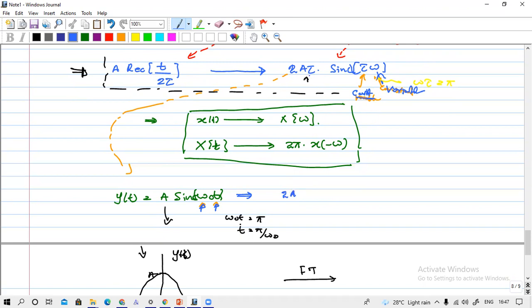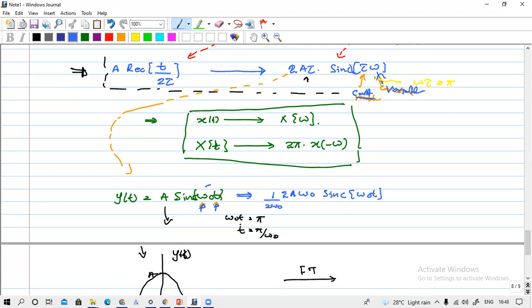A means the amplitude, τ is this coefficient. Here it is the angular velocity, so it is ω₀, sinc(ω₀t). And here I put 2Aω₀, so I have to divide it by 2ω₀, correct?